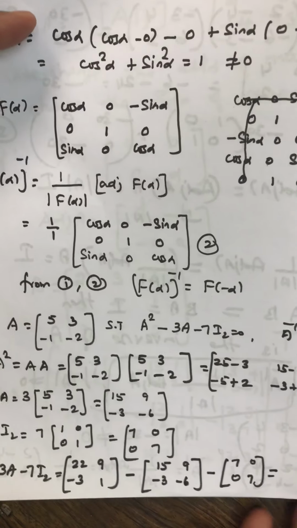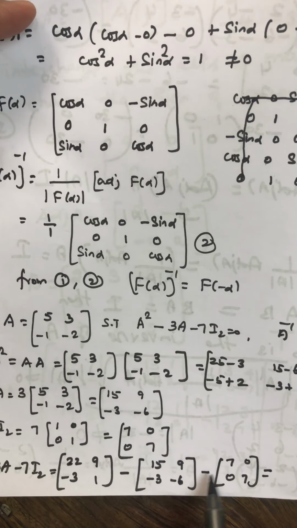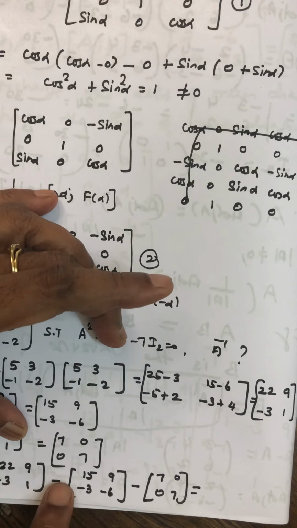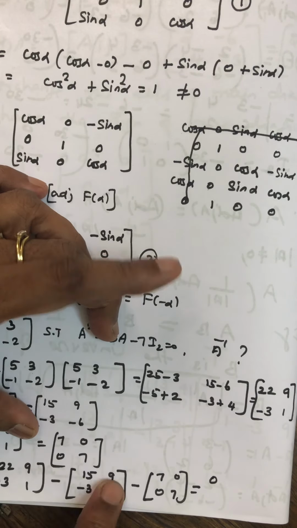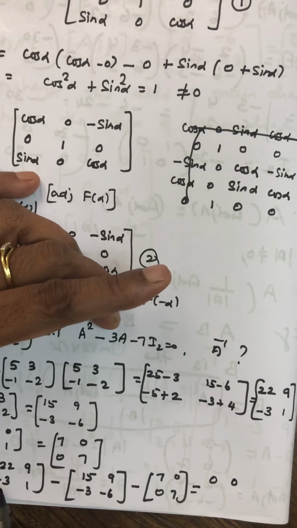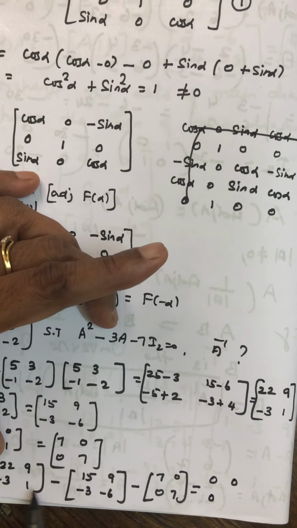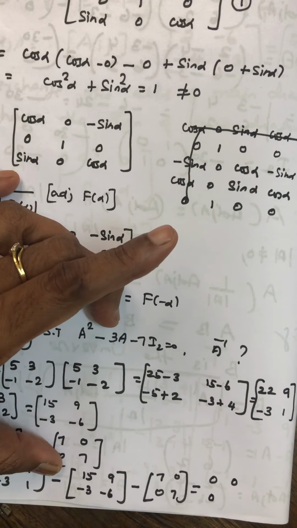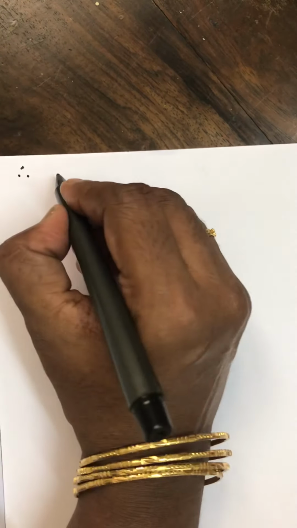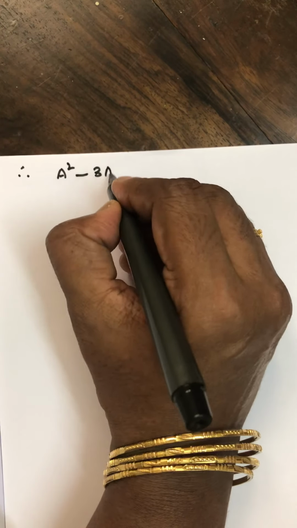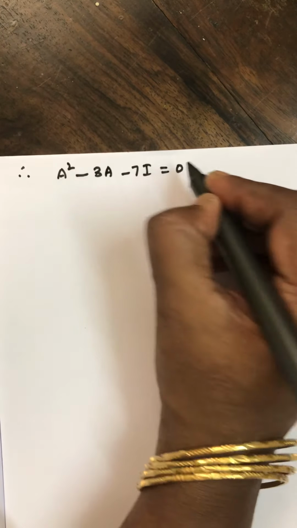Now look at the entries here. 22 minus 15 minus 7 is minus 22. 22 minus 22 is 0. 9 minus 9, so this is 0. Then minus 3 plus 3, 0. 1 plus 6, 7. 7 minus 7, 0. So we have proved A square minus 3A minus 7I equal to 0.